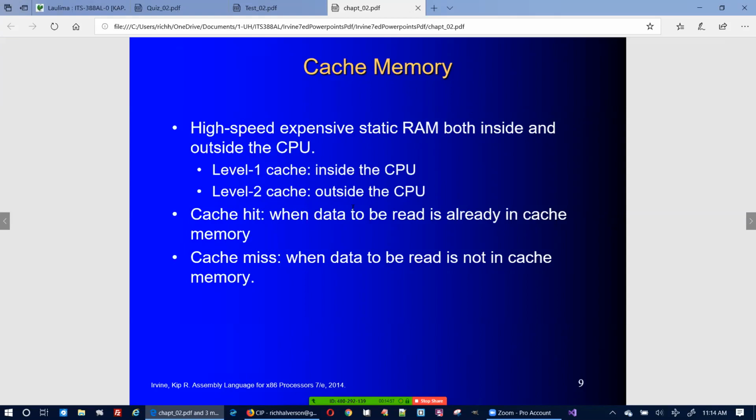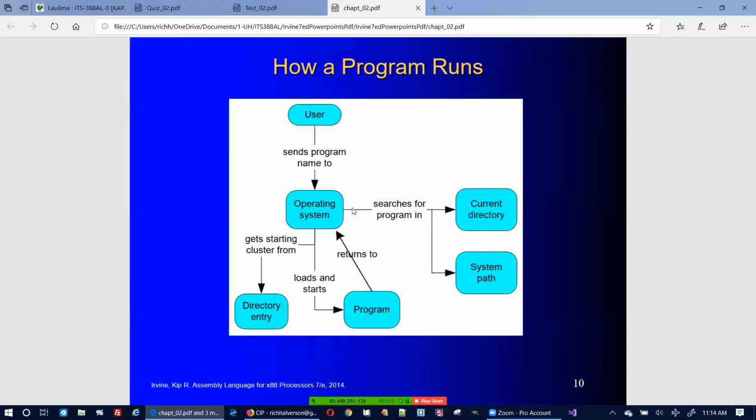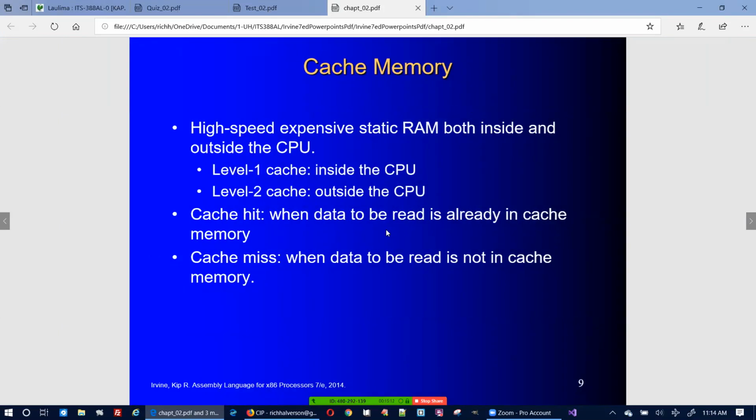The cache unit has to be very smart to know what data to actually store in the cache and what data not to bother storing, because of course the size of the cache is limited. If there's a cache hit, you're successful. It doesn't take very long. If there's not a cache hit, then you have to wait for the data to come in from the memory.